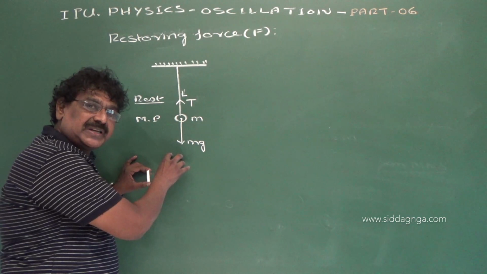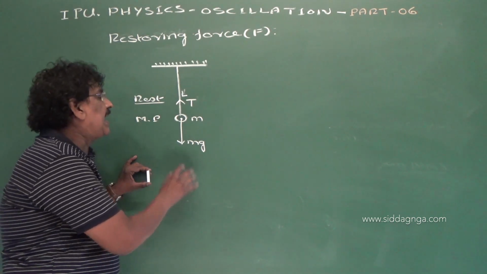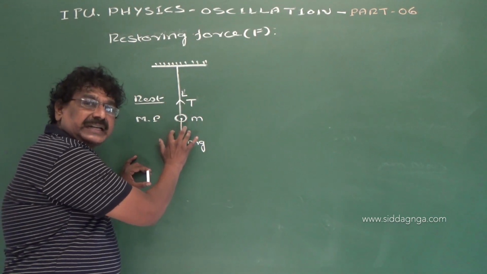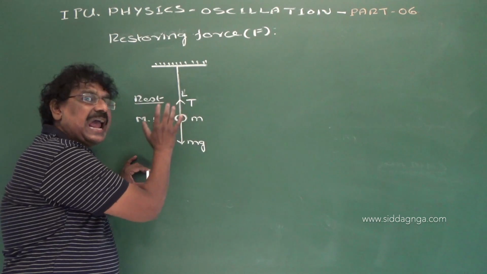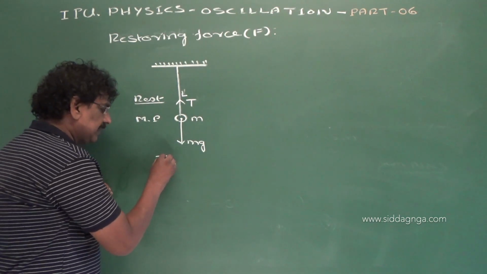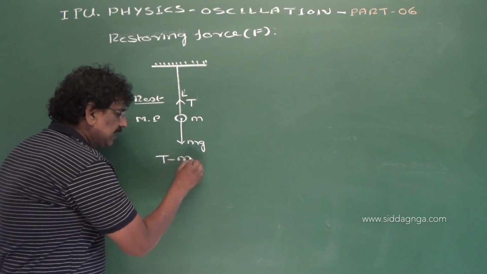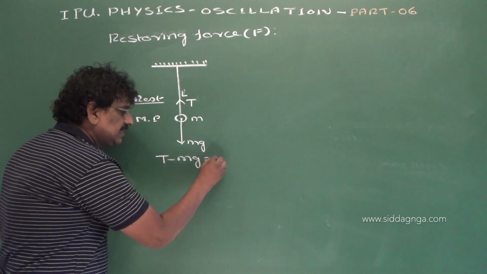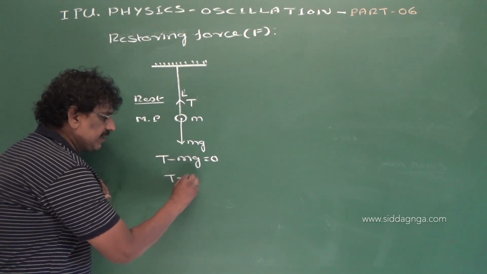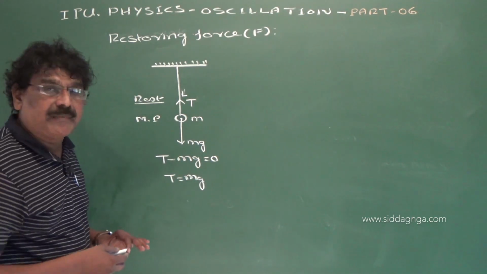So here mg is the action acting on the string, and tension is the reaction acting on the bob. Here both P and mg are in opposite direction. P minus mg is equal to 0. In other words, magnitude of tension is equal to magnitude of weight of the bob here.